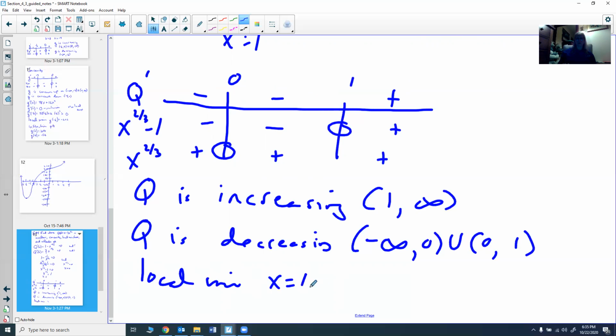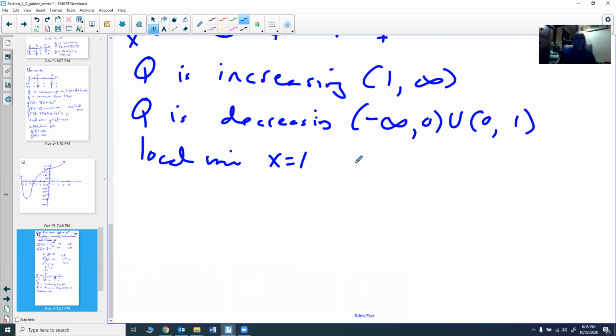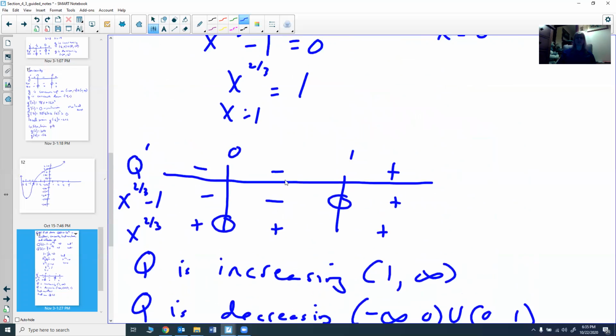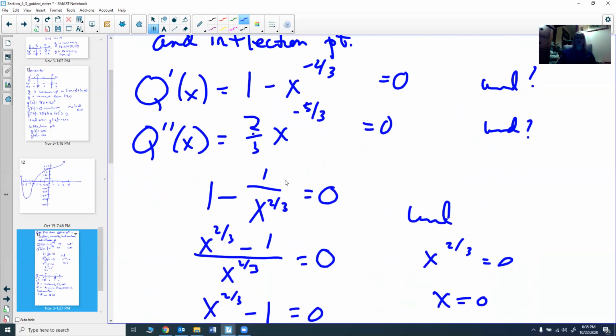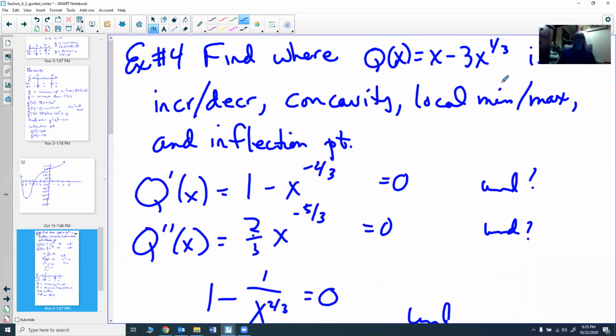at x equals 1. The local min is actually q of 1. And again, it's q of 1. So you're going to go back to your original function. My original function was q. Q was x minus 3x to the 1/3.